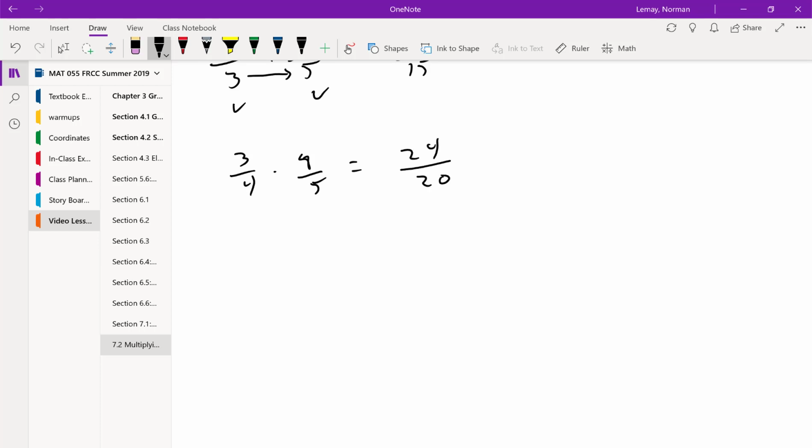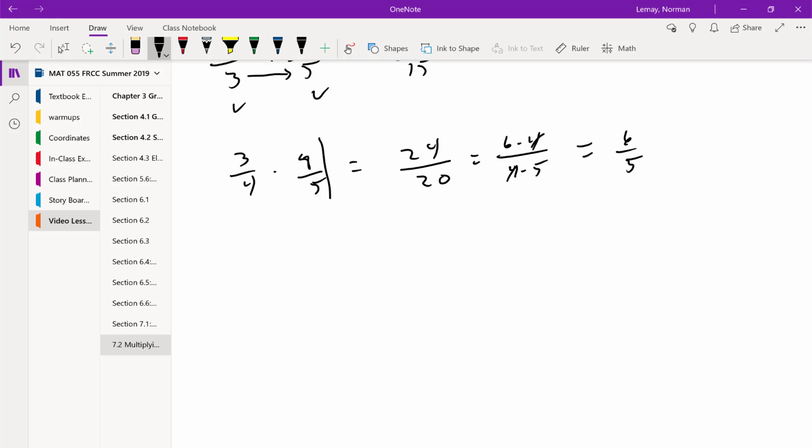At this point we have to have our final answer in reduced form. 24 is not that big of a number, and 20 is also not that big, so we can rewrite this as 6 times 4 and 4 times 5, and note that the 4's cancel out, so we end up with 6/5.